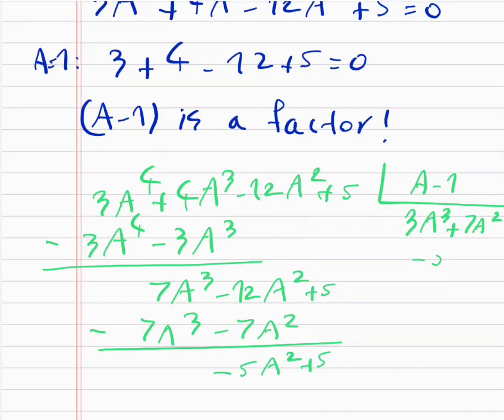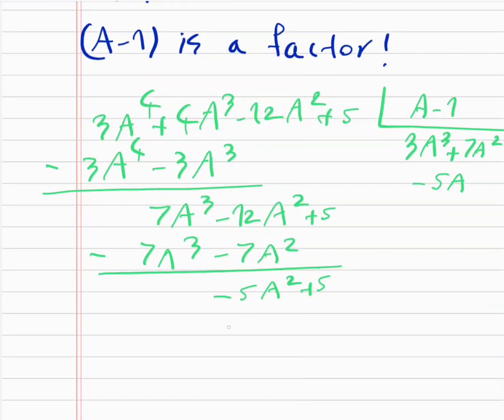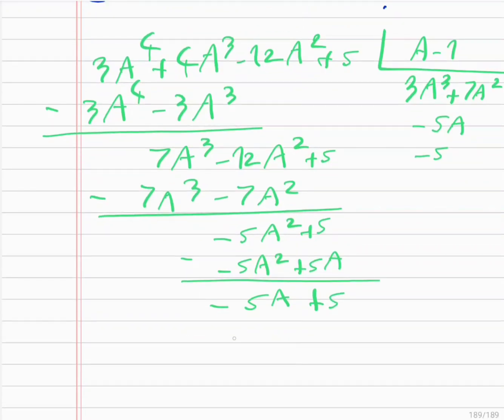And finally, minus 5a here, minus 5a squared. So basically we get positive 5a. So we subtract and we have minus 5a plus 5. And finally it's minus 5. So minus 5a plus 5, which is 0.